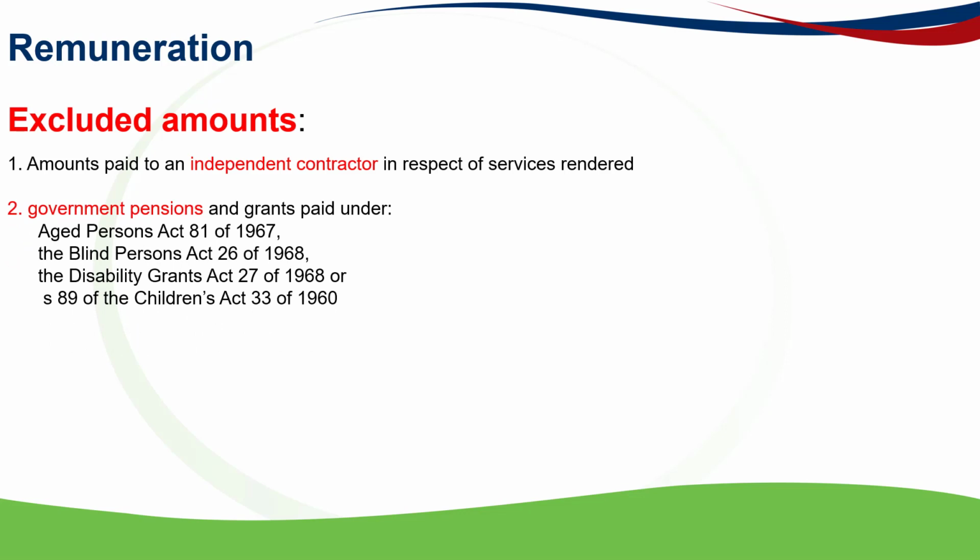The second is any amount that is a government pension, and any grant paid under the Aged Persons Act, the Blind Persons Act, the Disability Grants Act, as well as the Children's Act.